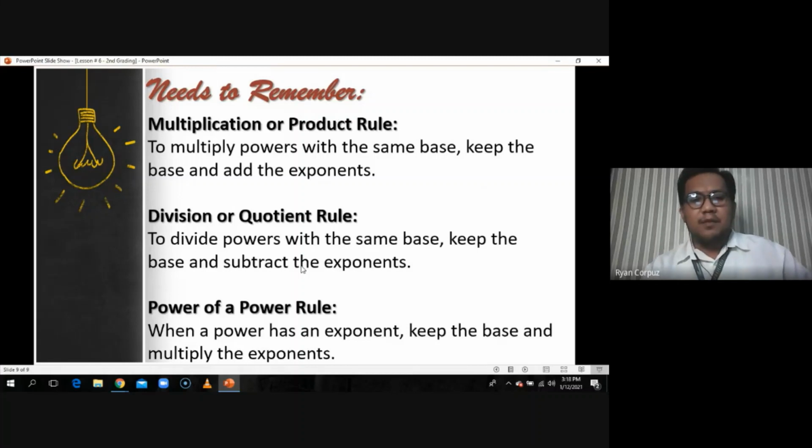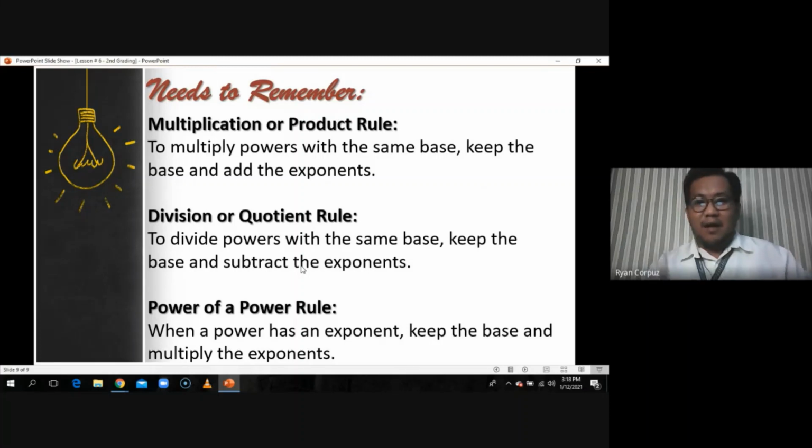Pangalawa, division or the quotient rule. So yung quotient rule naman, to divide powers with the same base, keep the base and subtract the exponent. So sinabi natin kanina, di ba? When you are dividing expressions with same base, just simply copy the base, then subtract the exponent. Then, yung pangatlo natin, power of a power rule or power rule. So when a power has an exponent, keep the base and multiply the exponents.